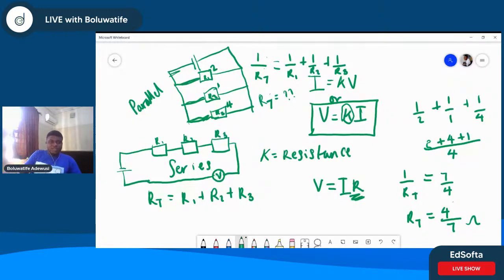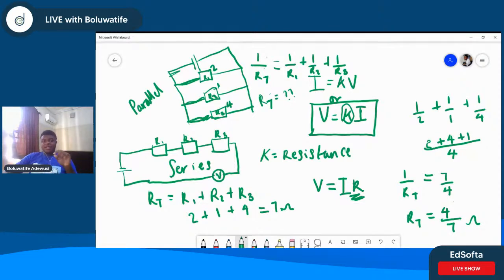But in series, using the same example, what you would have done is 2 plus 1 plus 4, and that would have given you 7 ohms straight away. So it goes to show you that when you connect in parallel, the more resistors you have, the less resistance you get. Do you understand?